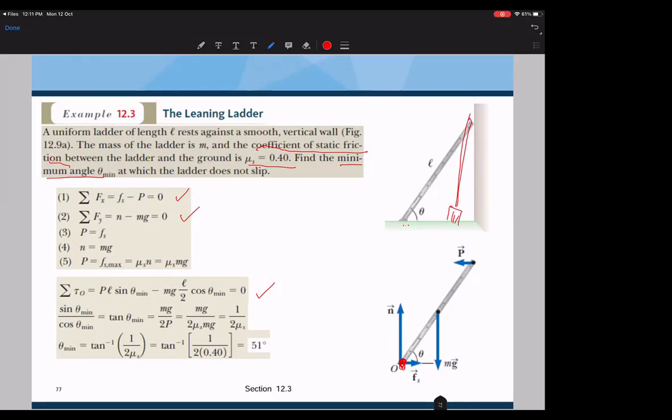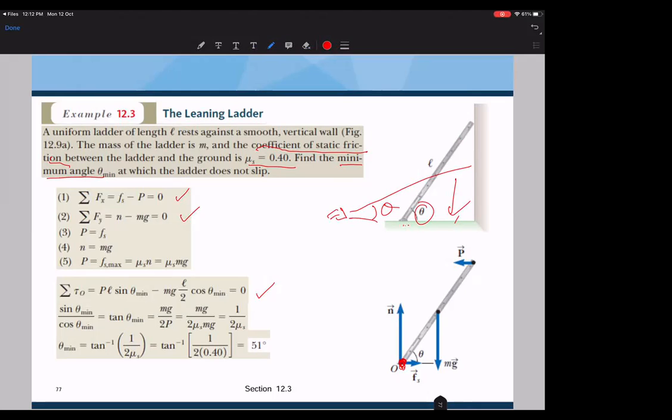But if you put the broom at 30 degrees, I'm sure that it would just come down. So there is a minimum value of theta at which the ladder or the broom can be supported.